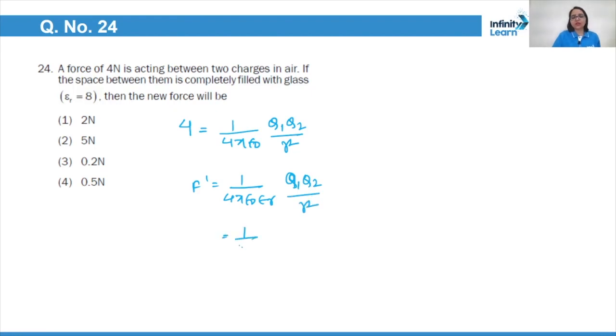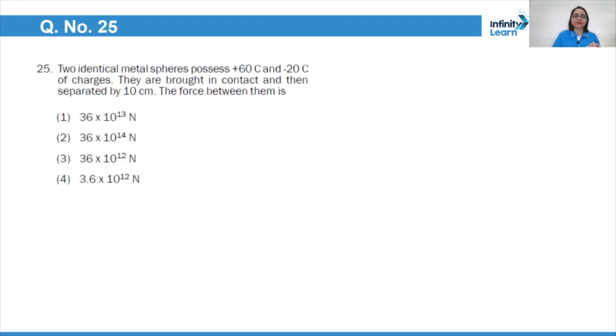So you can write it as 1 upon epsilon r into 1 upon 4 pi epsilon naught q1 q2 upon r square, right? So epsilon r is 8, so it is 1 upon 8 into 1 upon 4 pi epsilon naught q1 q2 upon r square, which is equal to 4. So it will be 4 into 1 by 8, which is 1 by 2, and that is 0.5 Newton. So the correct answer is option 4.